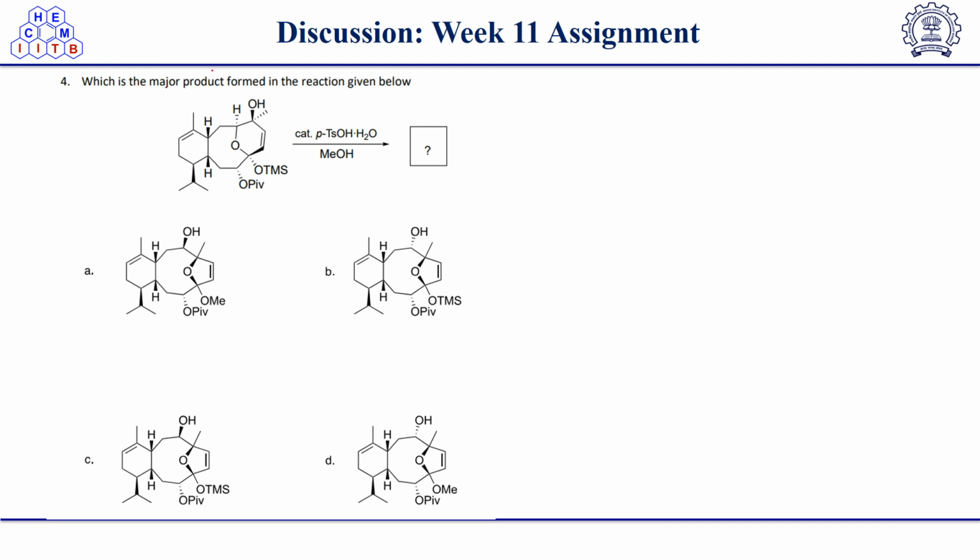So this particular compound, upon treatment with a catalytic amount of para-toluenesulfonic acid, hydrated, in methanol, what will be the major product out of the four options given here?